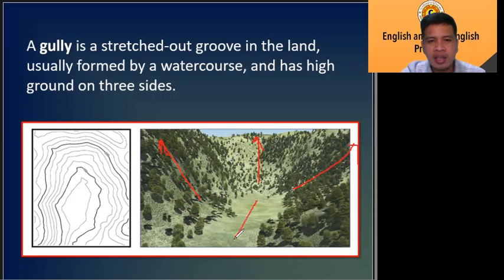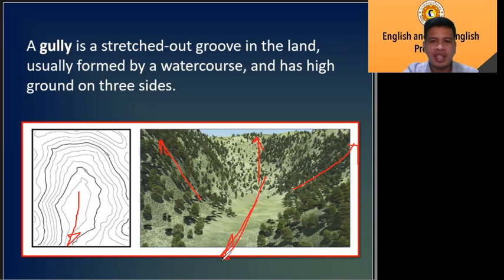Then going down here is the lower portion of the ground. If you see something like this, going down here, this is a gully. Depending on its size and location, water sometimes flows through it. So the water goes from the three sides and flows through here, from high to low.